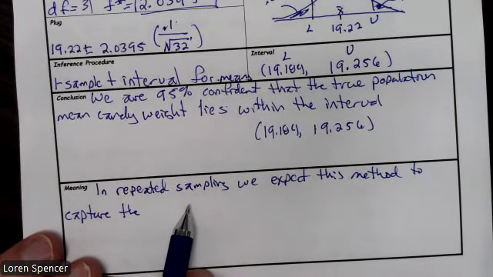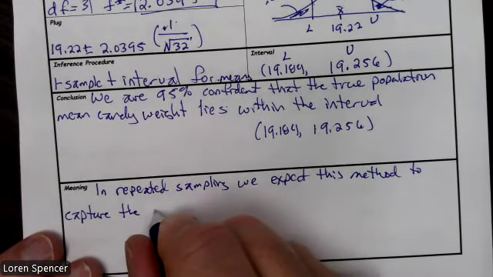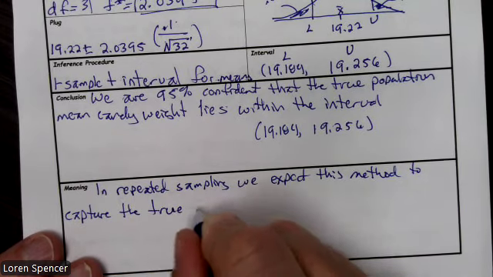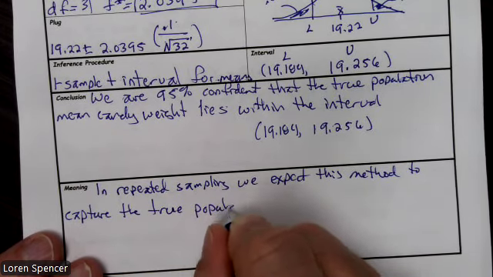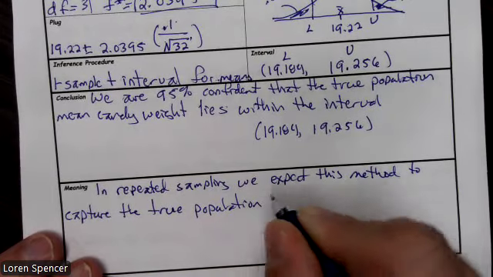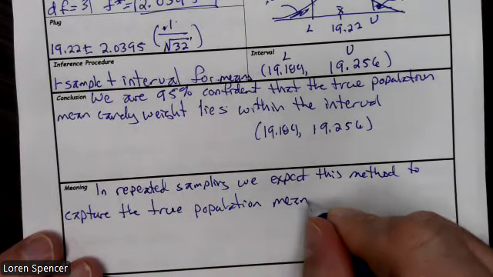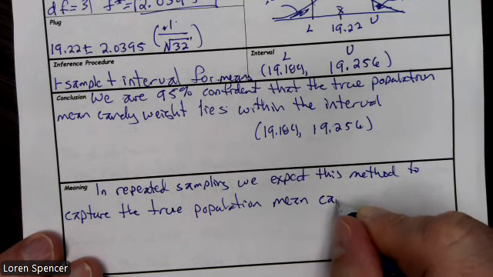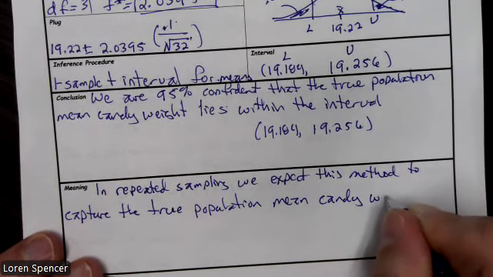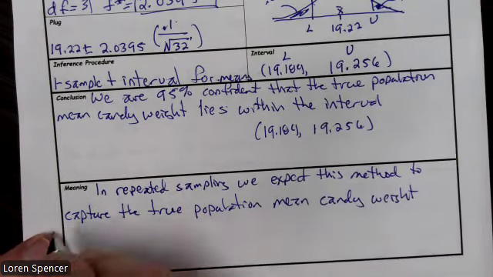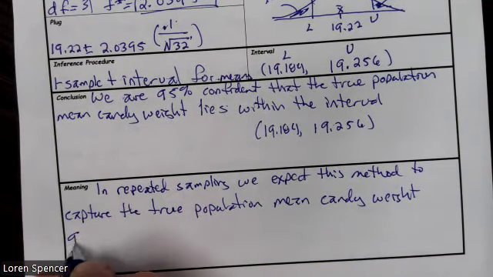Well, if we do it over and over again, we expect our method to capture the true population mean candy weight. How often? 95% of the time.